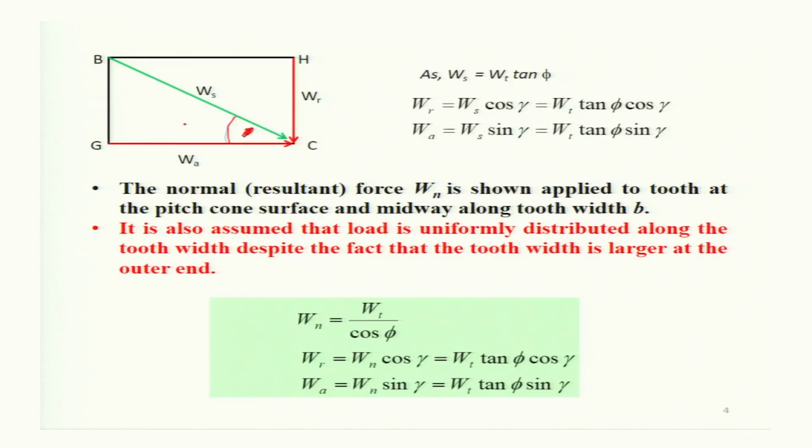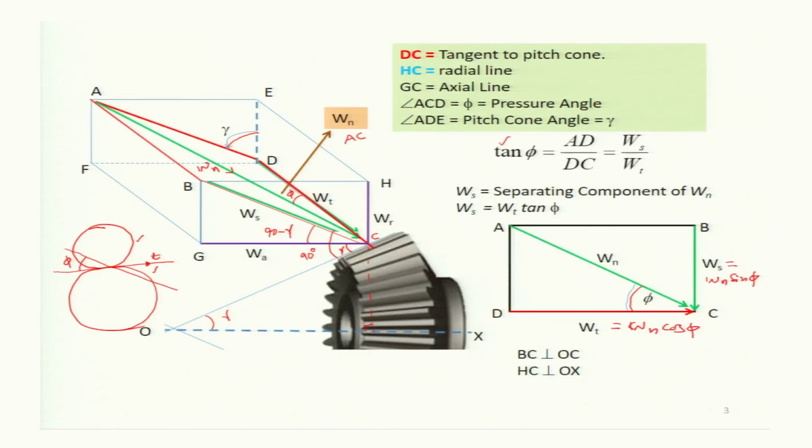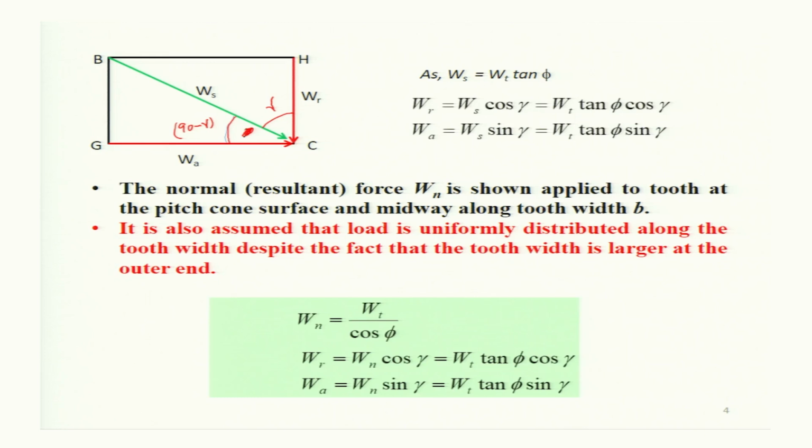This we have obtained as 90 minus gamma, and so this angle is gamma. We have taken separately this area BHCG, in which this Ws is acting, and this angle is your gamma.